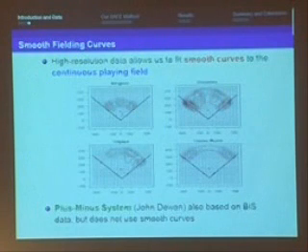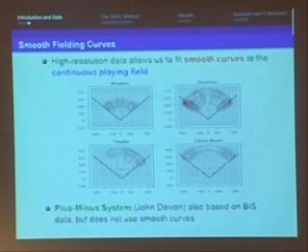Okay. So essentially, this high-resolution data allows us to fit smooth curves to the continuous plane surface. Just as an illustrative example, and we actually do use this later on, I will describe how. If you just use a 2-dimensional kernel density smoother to smooth out the dots you saw in the earlier plot, you get these distributions for singles, doubles, triples, and home runs.